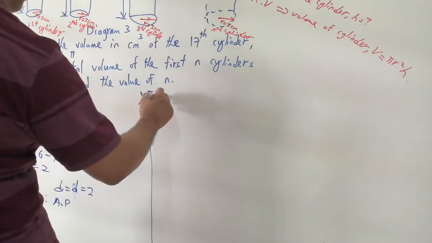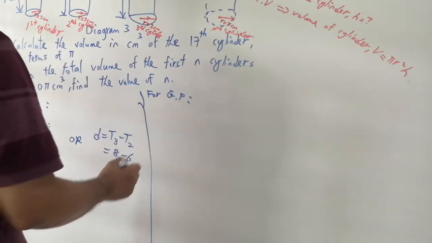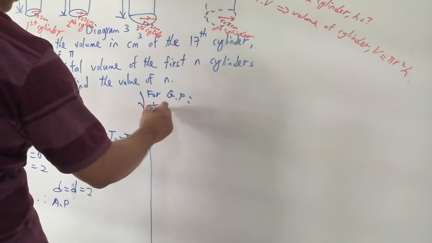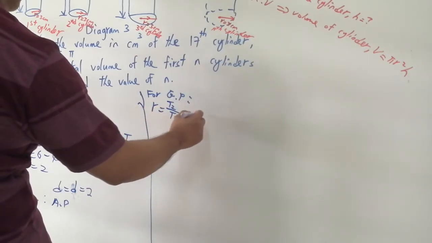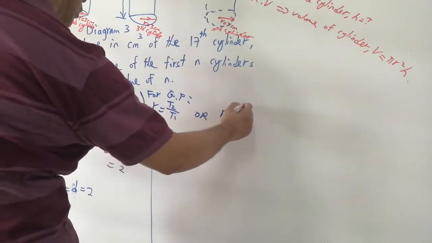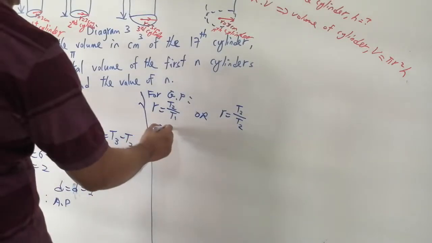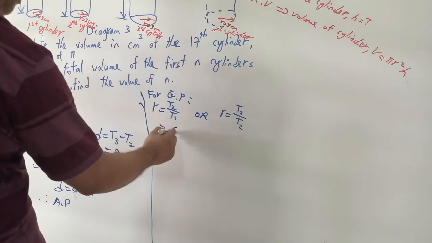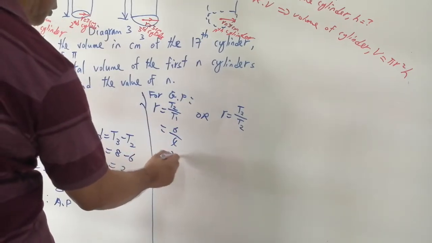For GP, geometric progression, you use the common ratio r. The common ratio will be T2 over T1, or common ratio equal to T3 over T2. T2 6 divided by 4, so equal to 3 over 2.